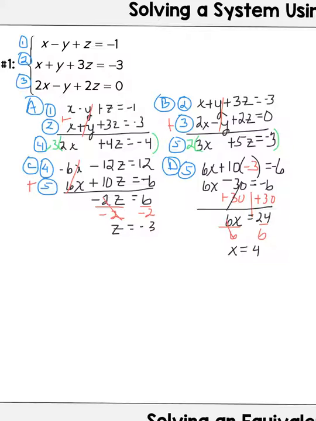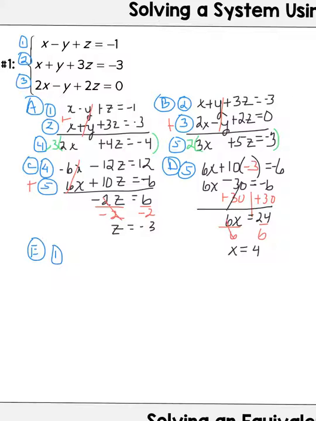So now I can take both of these and go all the way to one of my original equations and plug in the z and the x and solve for the y. So as I look at these equations, it doesn't really matter, I'll plug into the first one. So part E, I'm going to use equation 1, and I'm going to plug in my values.